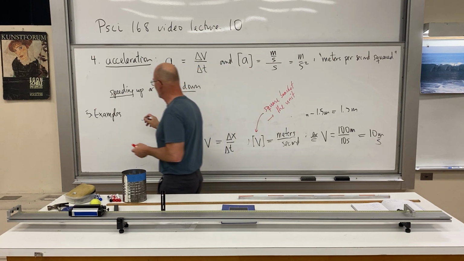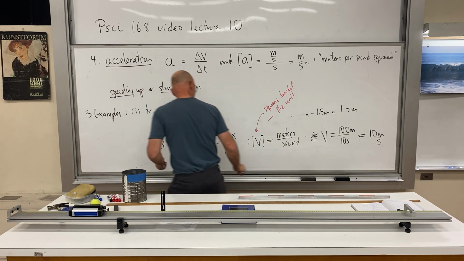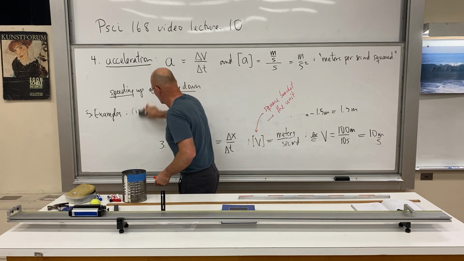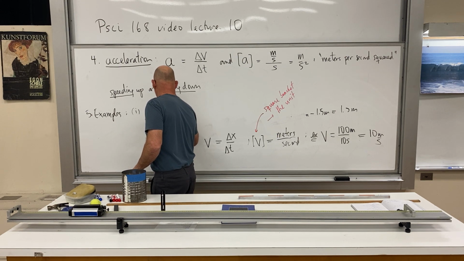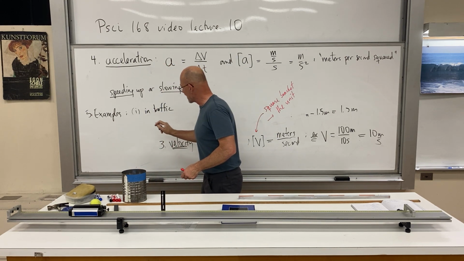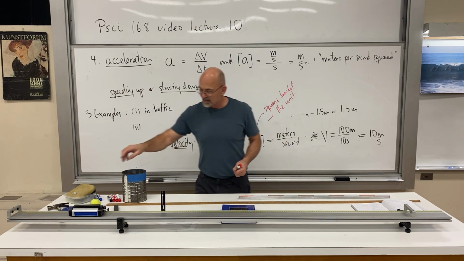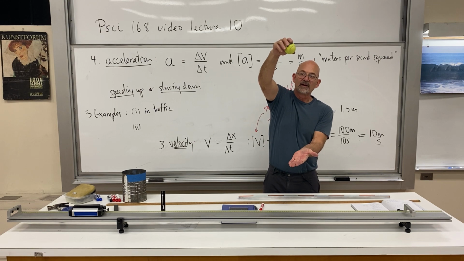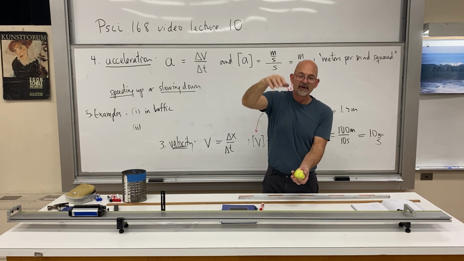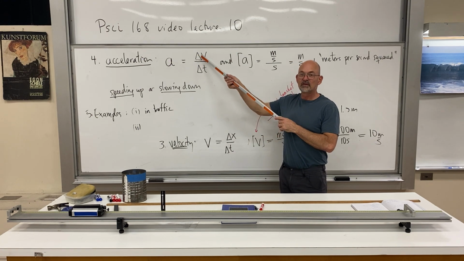So examples, I'll just write here: in traffic, and there are many examples of that type. But let's look at something else that picks up speed. If I drop this tennis ball, it starts out at rest, and by the time it hits my hand, it's moving. Okay, it changed speed, right?